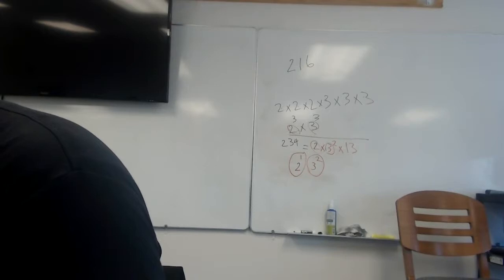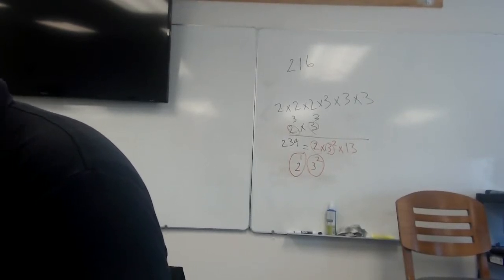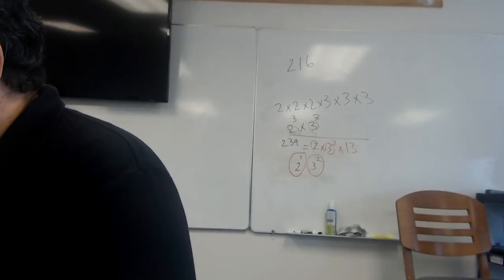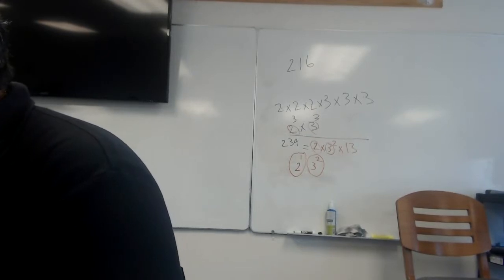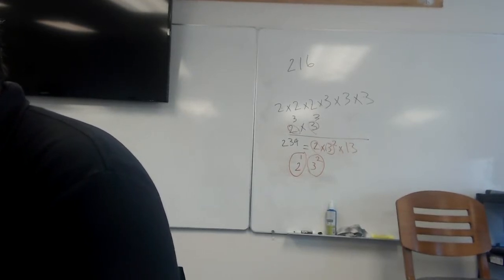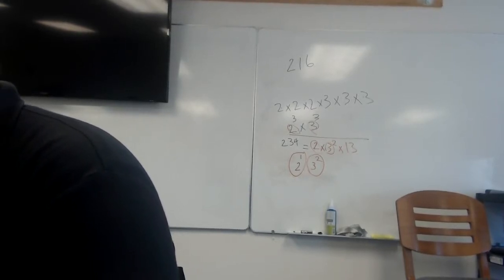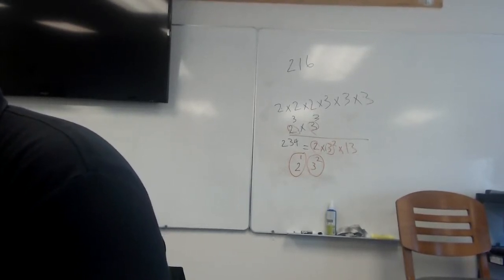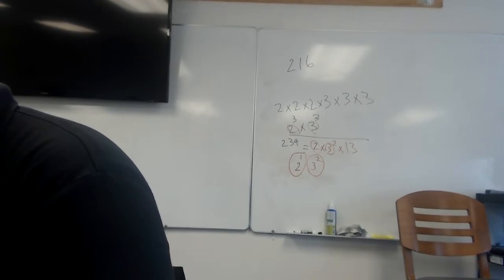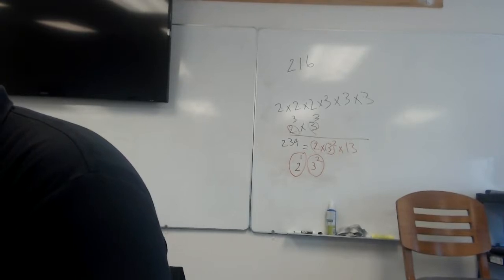So you use a factor tree, and then you write those prime numbers in an exponential form. Then you select what's common between them. You select each prime factor with the smallest exponent that is common to both. When we look at them, it would be 2 and 3. The exponent would be the smallest one. The exponent associated with 2 in this factorization is 1 and 3, so we select 1.